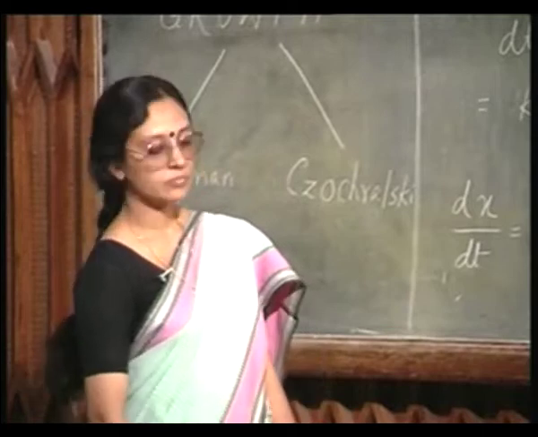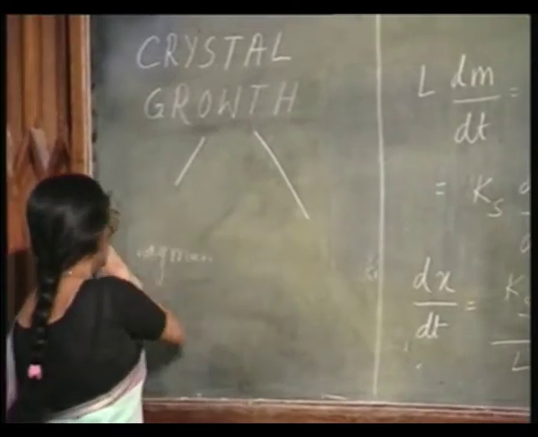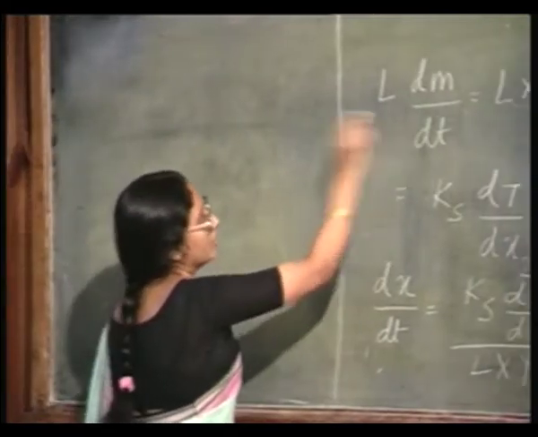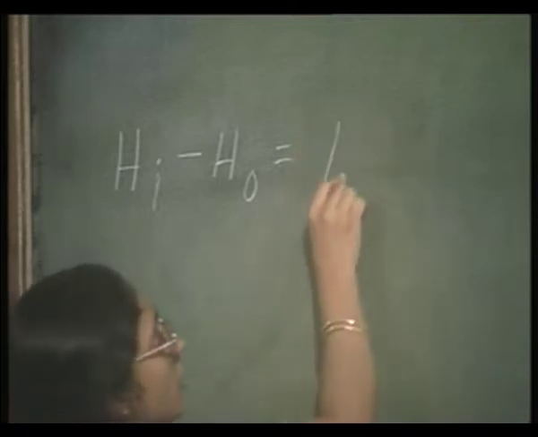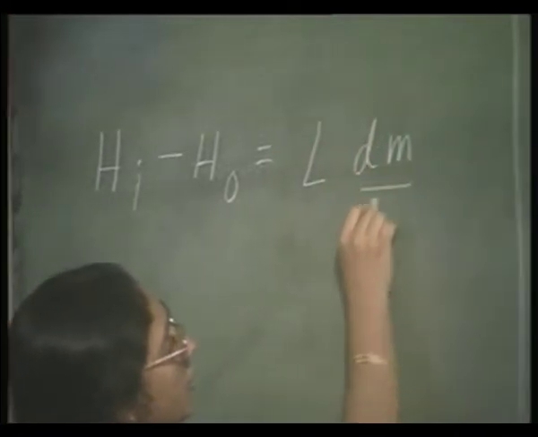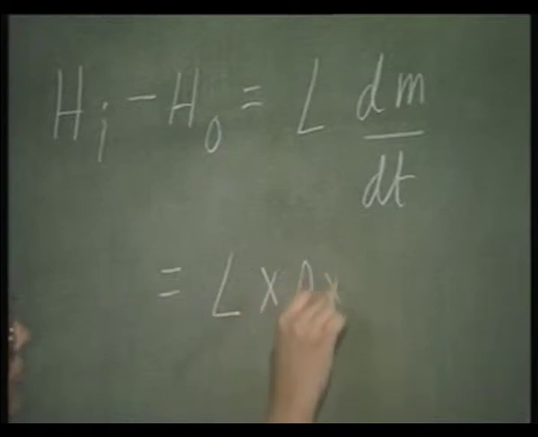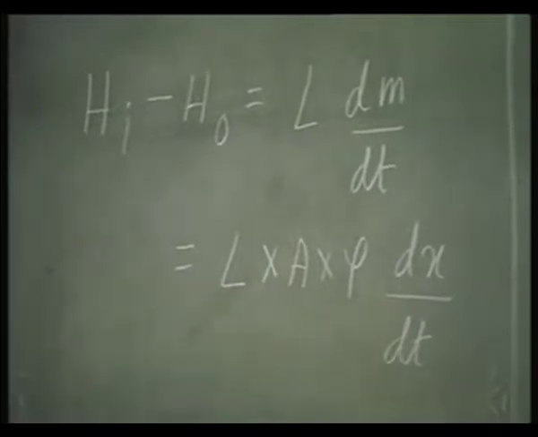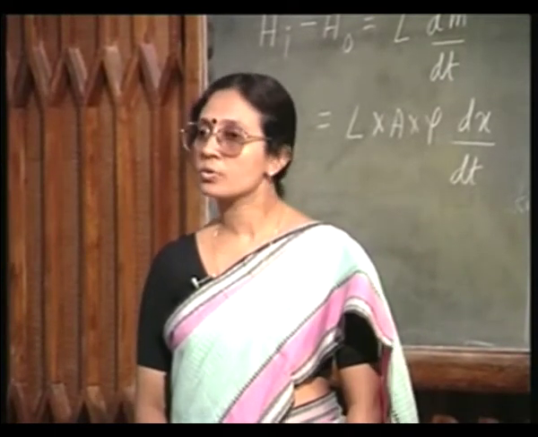So, in a practical system, the difference between the heat input and the heat output will be almost totally taken off by L dm/dt, or actually this Hi minus H naught should be small.